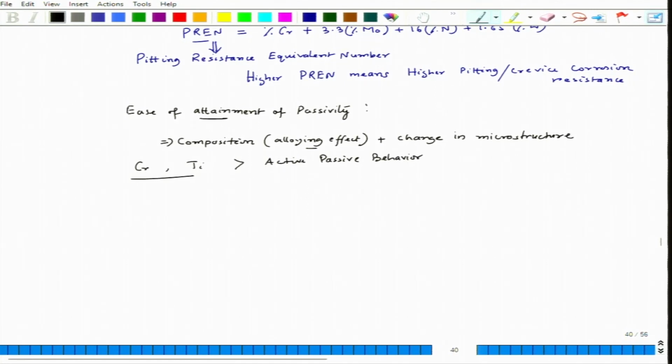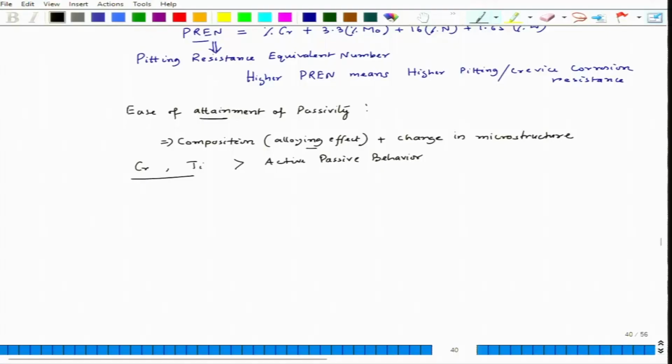Depending on where the cathodic polarization line cuts the active passive zone of that particular metal, we can get either the active zone or we can achieve spontaneous passivity. In fact, we can also get unstable passivity. We have seen this before. So, what happens in case of an active passive material?